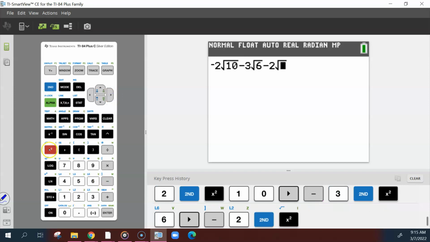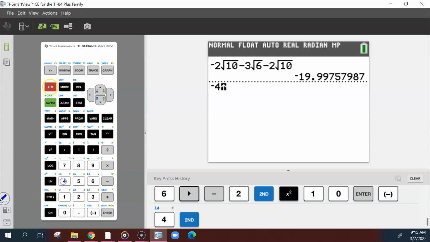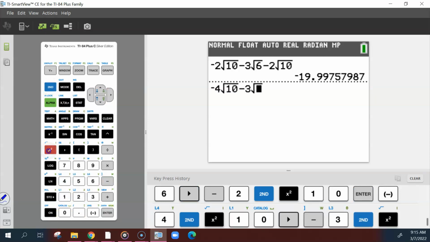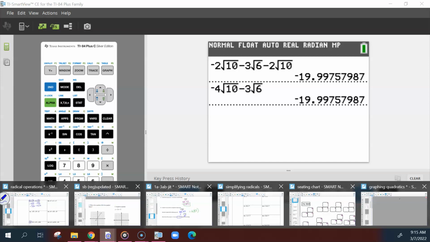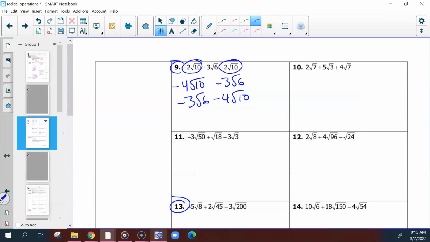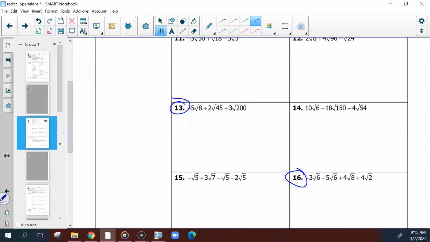Minus 2 times 10. Negative 4 times 10. Minus 3 times 6. Or something like 13. Can we add these together, subtract these together now?